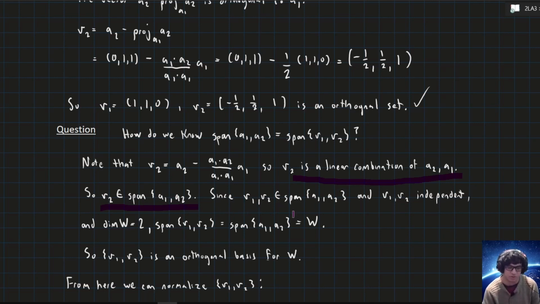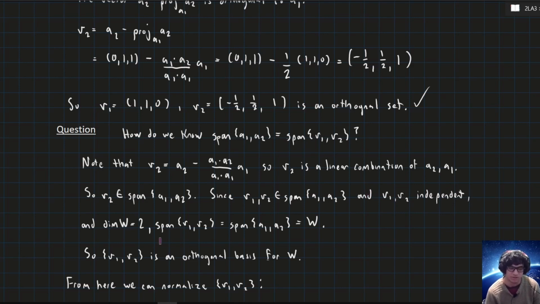We also know V1 is in the span of A1 and A2, just because V1 is A1. So what do we know in total? W is the span of A1 and A2. It's a two-dimensional space. V1 and V2 are two independent vectors inside of W.